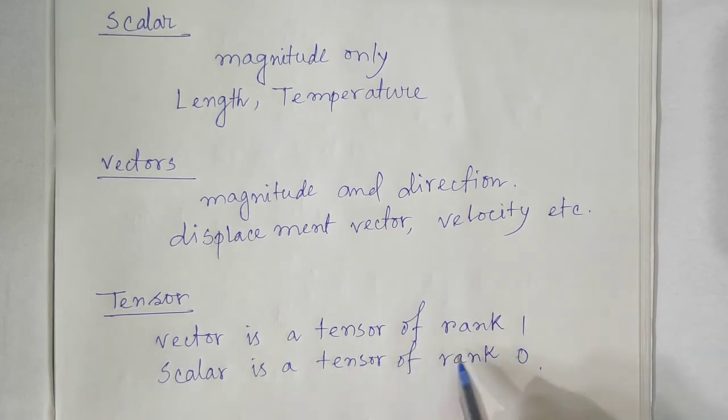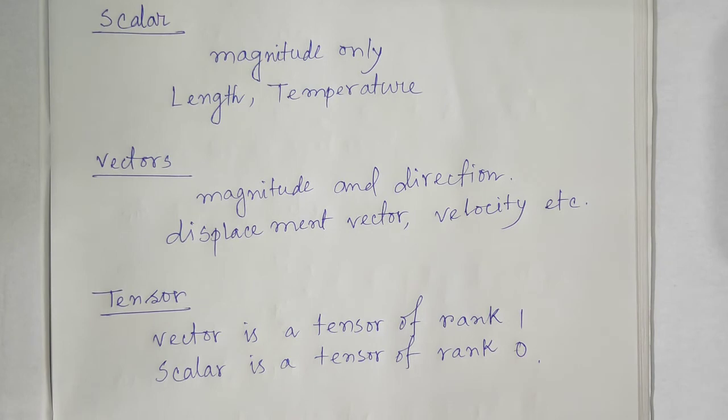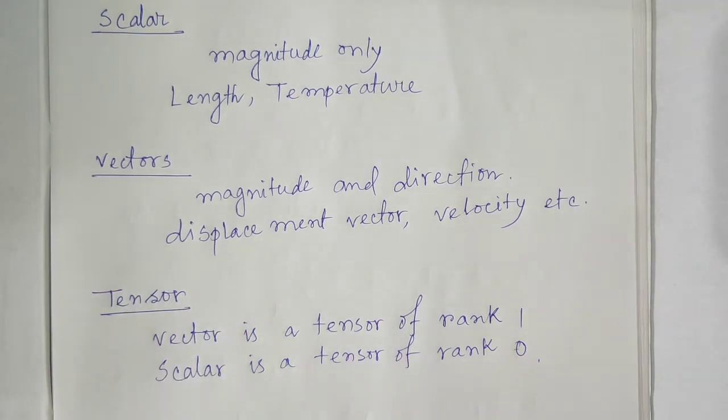So what is the tensor and what is the rank of the tensor? We will discuss that later, when we study the special theory of relativity and the general theory of relativity.